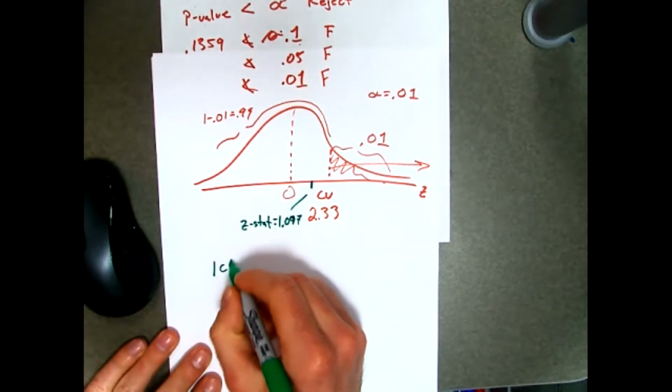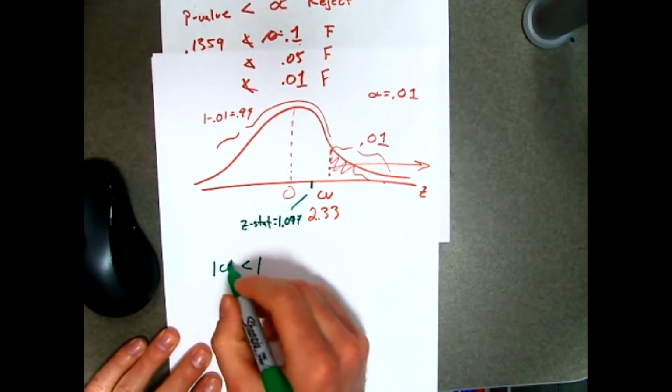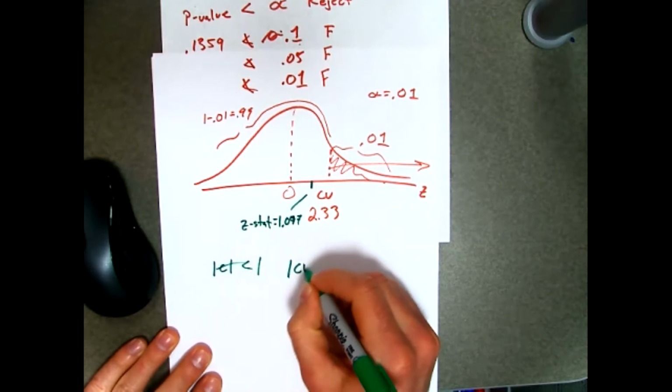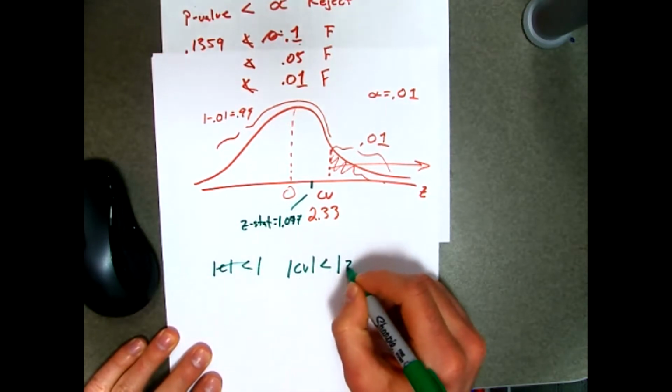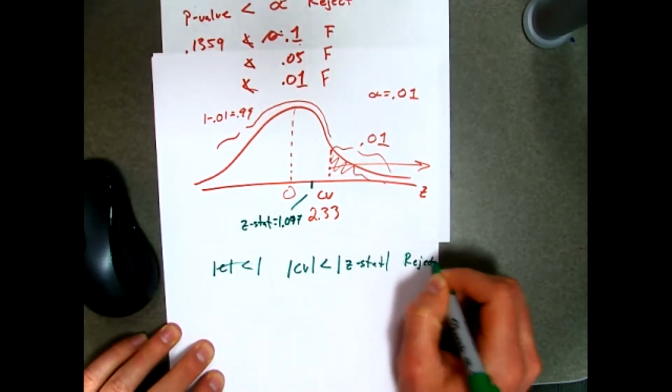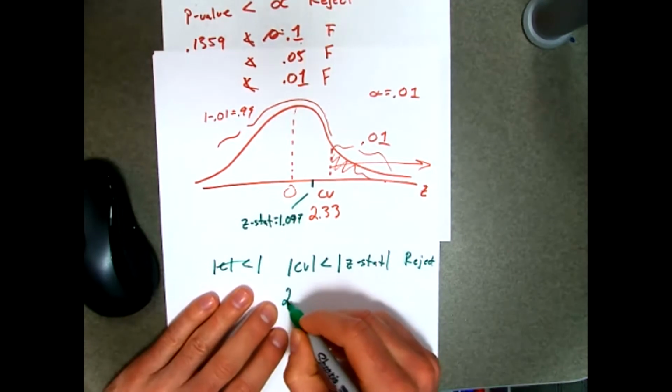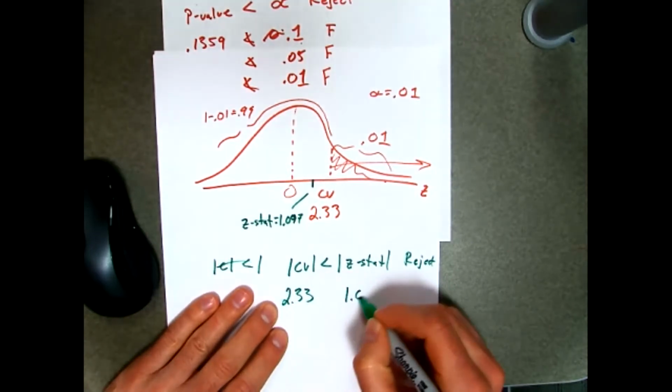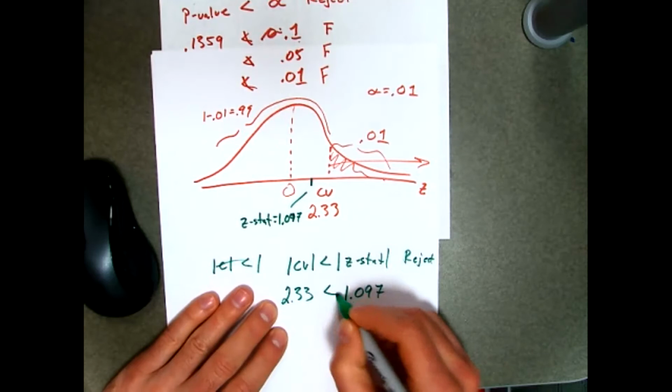But if we want to remember what the rule was, if my critical value was less than the absolute value of my test statistic, that's where I said I was okay rejecting. Well, here my critical value is 2.33, my test statistic 1.097.